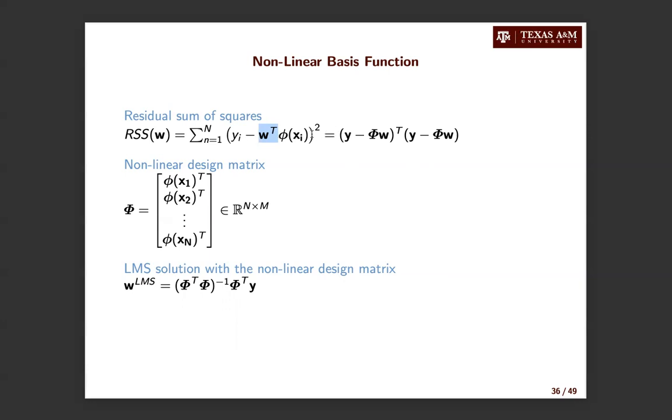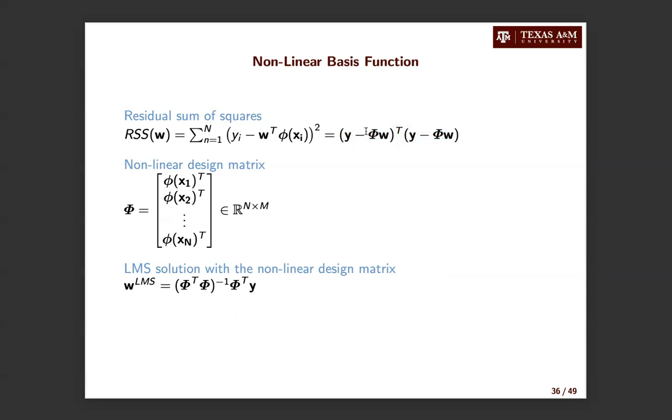And in order to find the W that results in the minimal RSS error, we have to do exactly the same computational steps that we did for the linear regression.